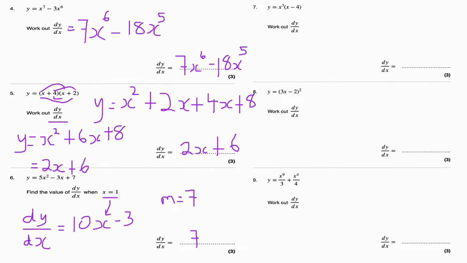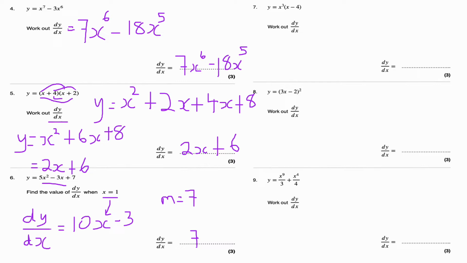It works out the gradient at any given point. So this one, it's chosen x to be 1, which means that the gradient at x equals 1 of this function is 7.